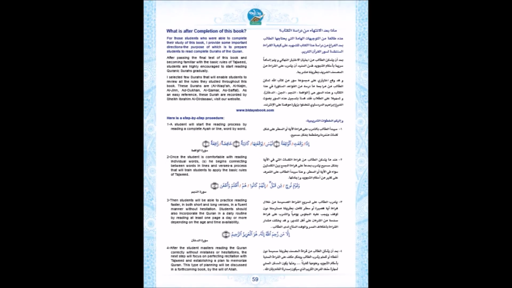And as we move down in this page, we have a verse from Surah Al-Najm, which is also relatively short, and this includes most of the rules we've learned throughout the book. And now, instead of reading just one word at a time, the student is reading them in pairs. وَقَوْمَ نُوحٍ مِّن قَبْلُ.